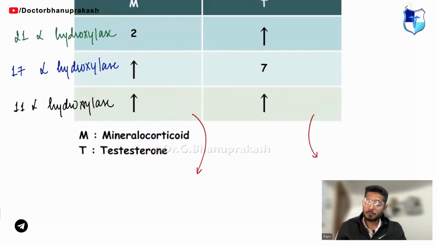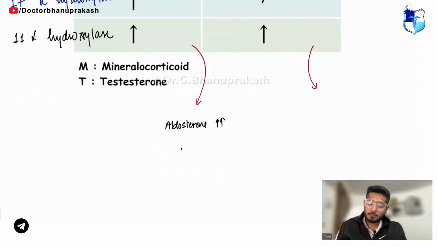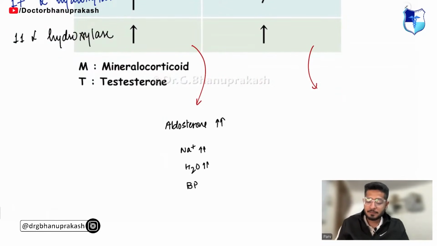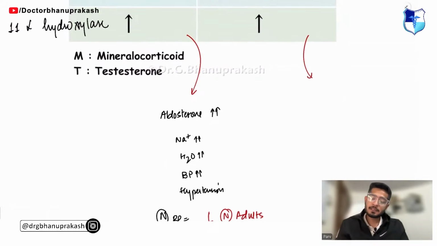So for mineralocorticoid increase, that means aldosterone is high, that means sodium will be more, water will be more, so the child will have increased BP, hypertension. Whereas if testosterone is increased in a female, you will have virilization, and they will give you symptoms like clitoromegaly.